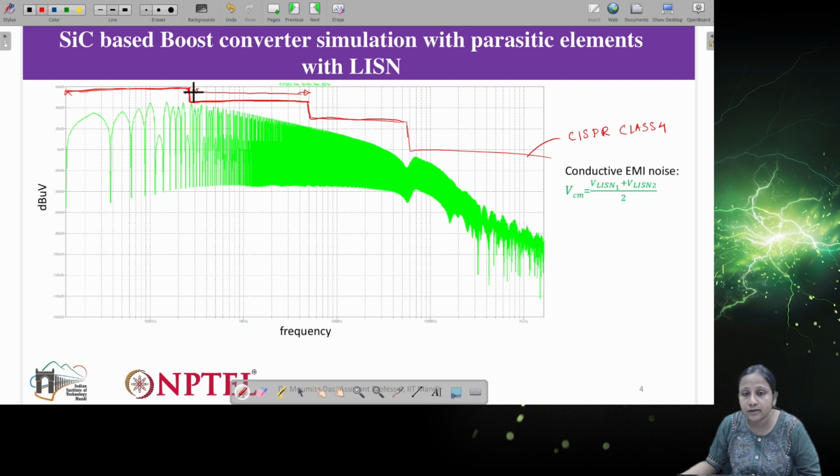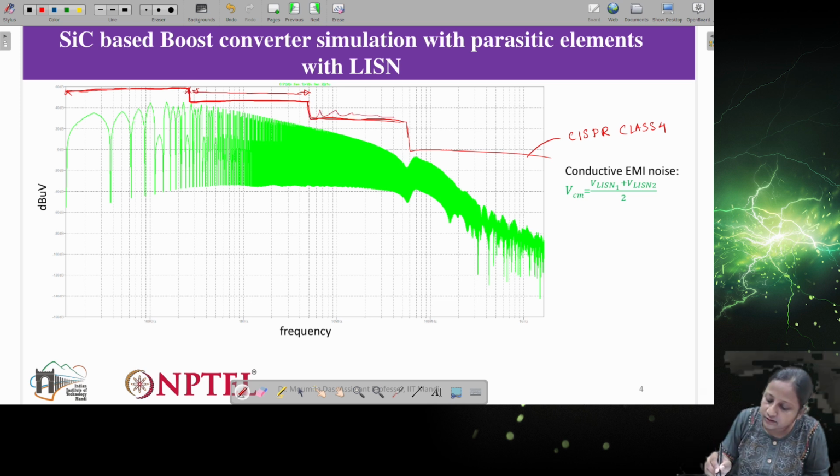The frequency is much higher here, so your filter size may be lower, but you will need a filter for this region. You may also need a filter in this other part, but since the frequency is higher, a filter designed for this part may satisfy the requirement of that part as well.